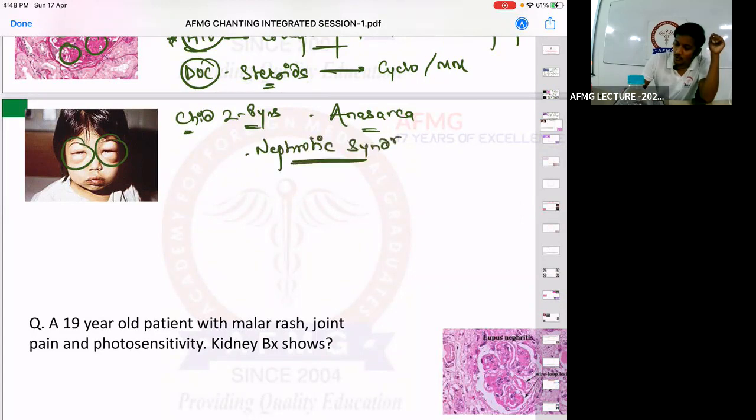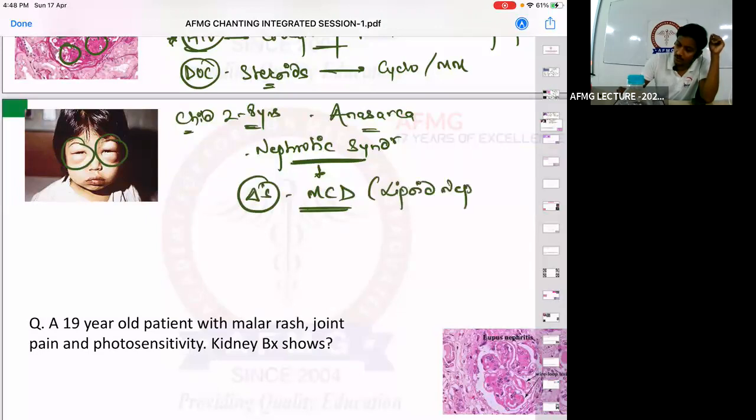And please tell me the most common cause of nephrotic syndrome in children. The diagnosis in this condition would be minimal change disease. It is also called lipoid nephrosis, and it is also called nil lesion disease. Why is it called nil lesion disease?